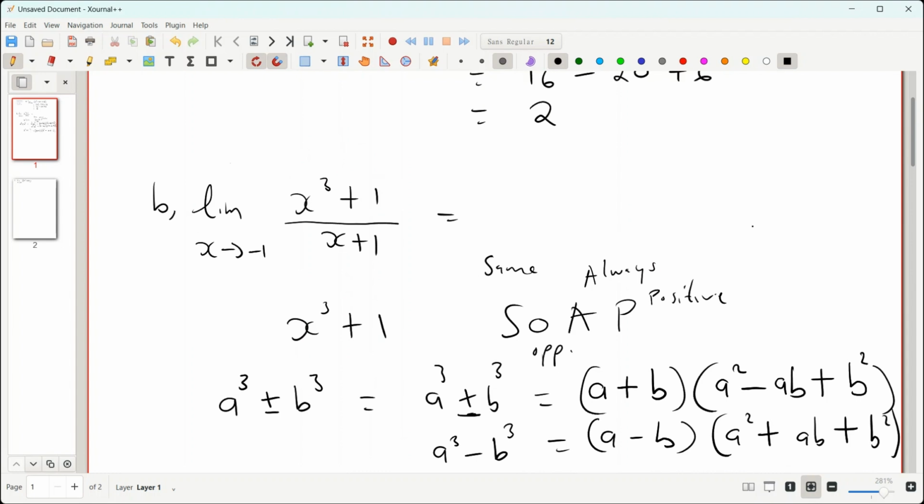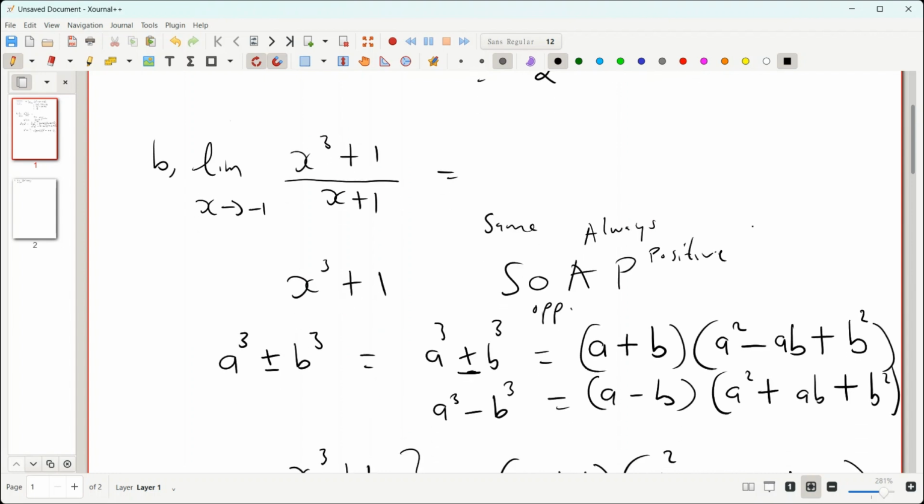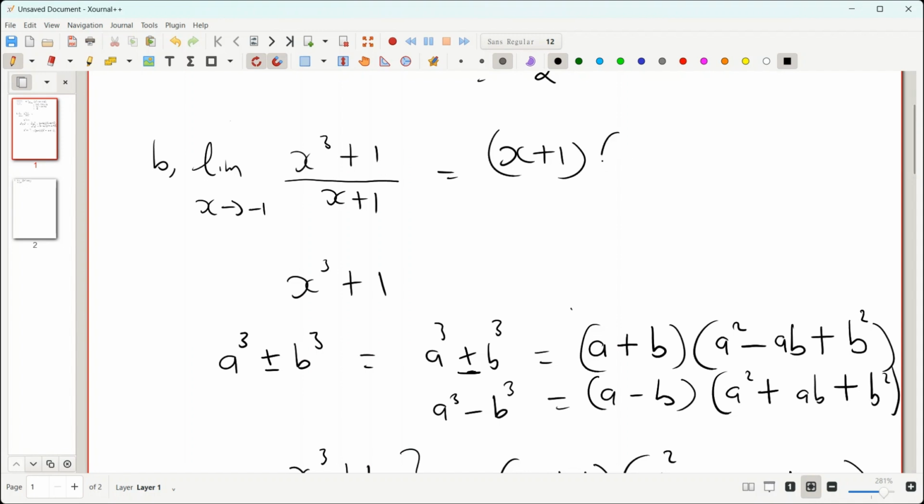So we can just write it here. Okay, let me just get rid of this. So we have x plus 1 times x squared minus x plus 1, and then we are dividing by x plus 1.